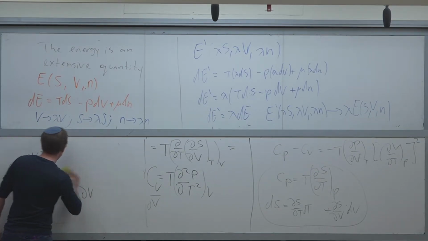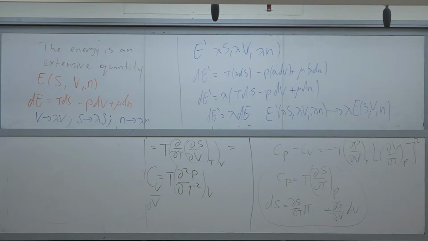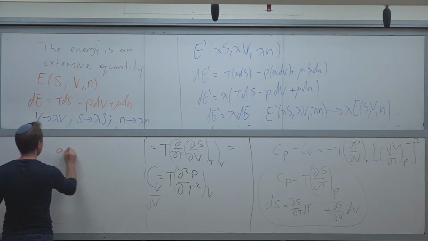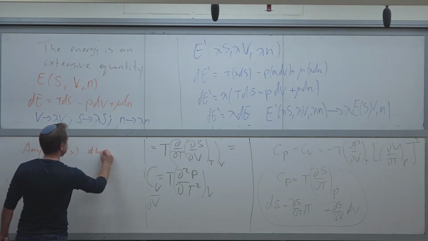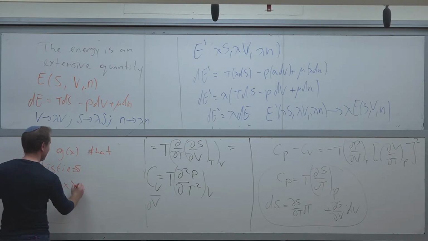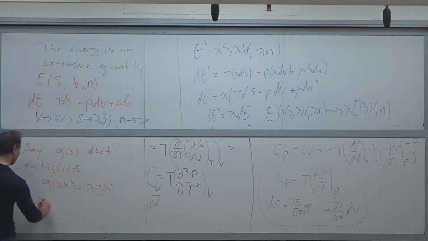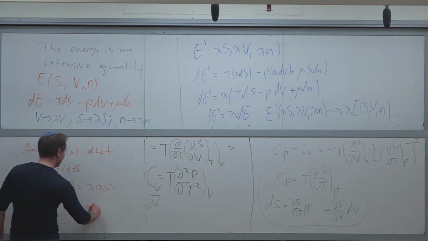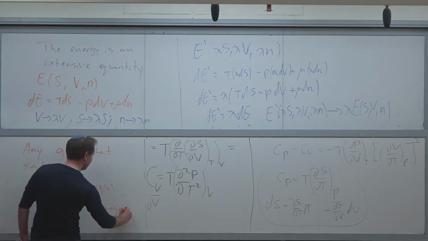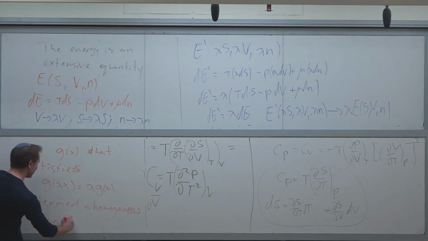It is a homogeneous function. Any g of x that satisfies g of lambda x equals lambda g of x is termed a homogeneous function of the first order.